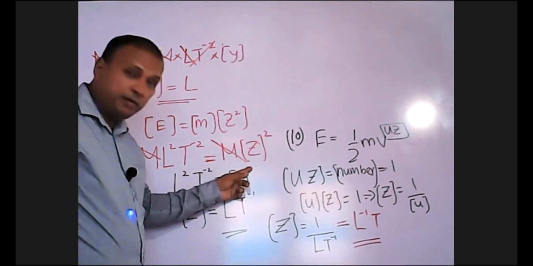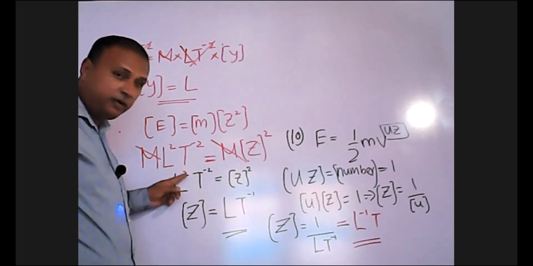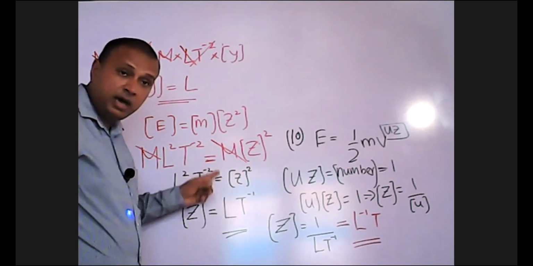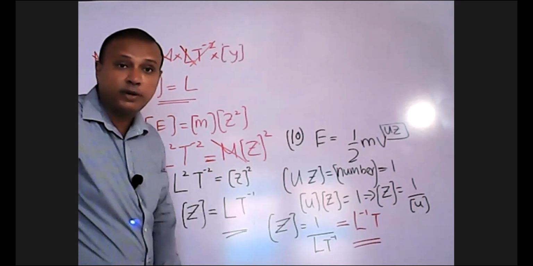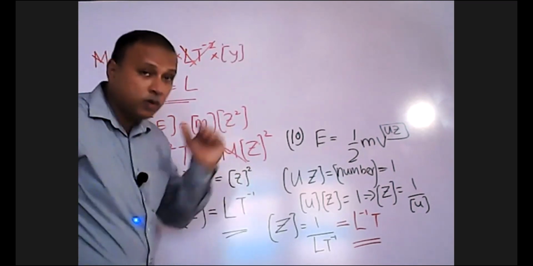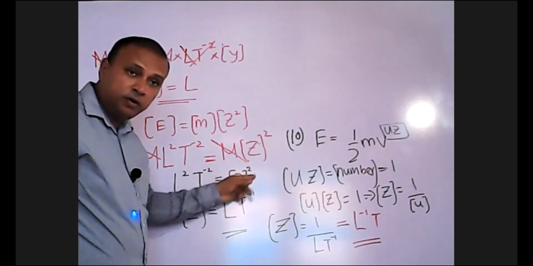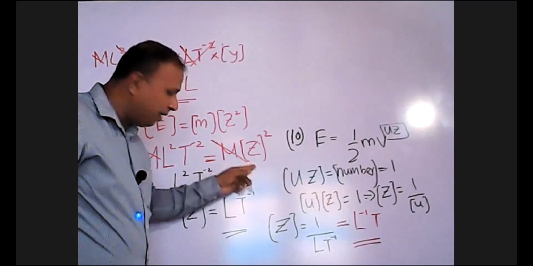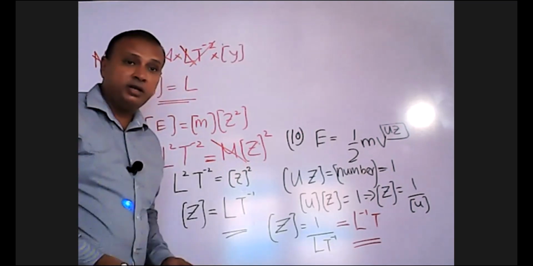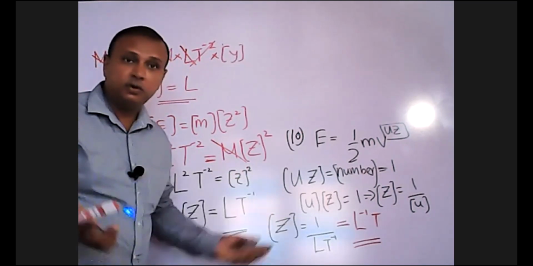If I multiply this power by half, it will become 1. If I multiply this power by half, it will become minus 1. If you want to take a square root, definitely this power should be 1. Think like this, because in your questions there may not be a square root, maybe power 4 or something. Okay, think like this.